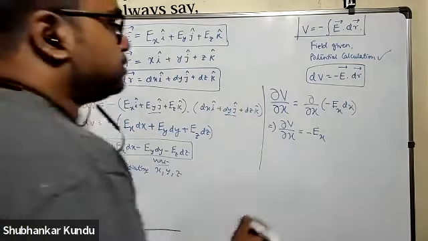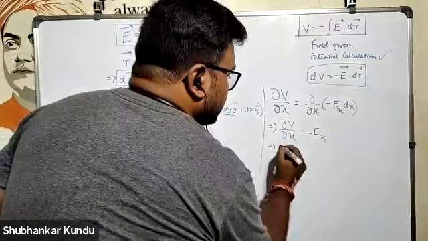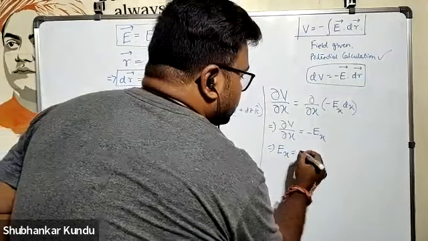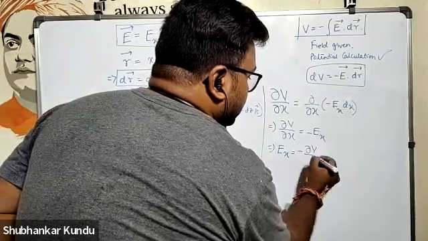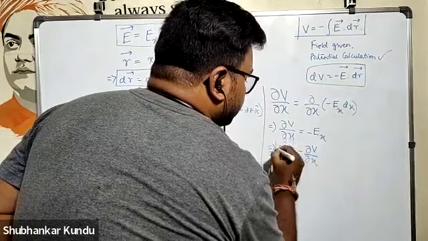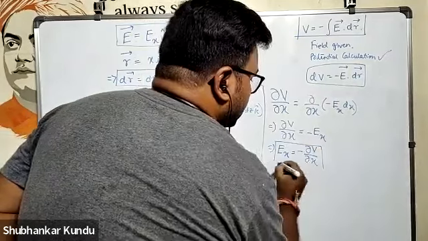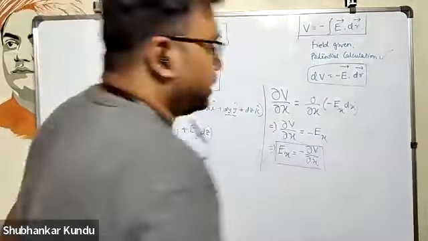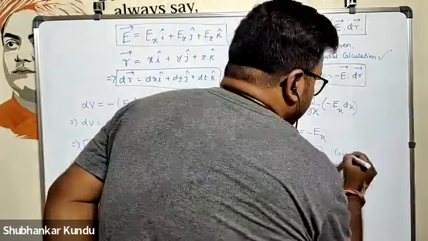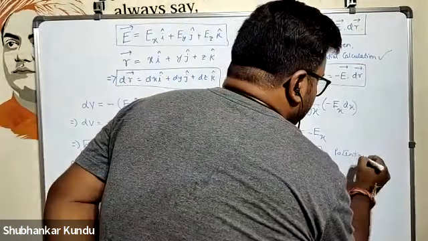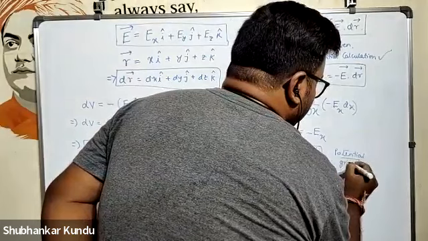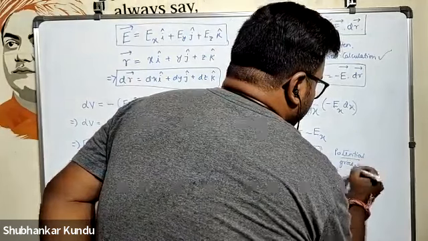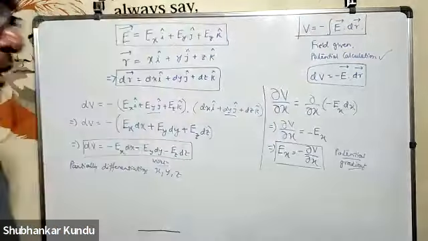That means we can write E along x is equal to minus del V del x. This is called potential gradient.